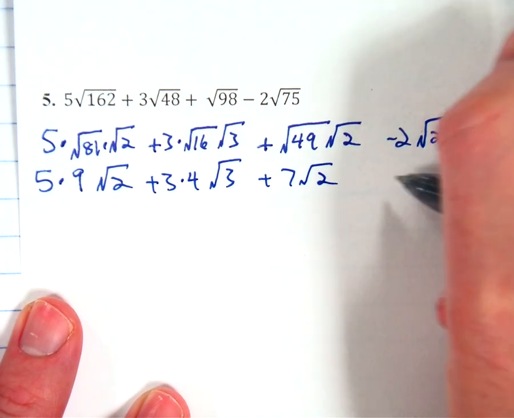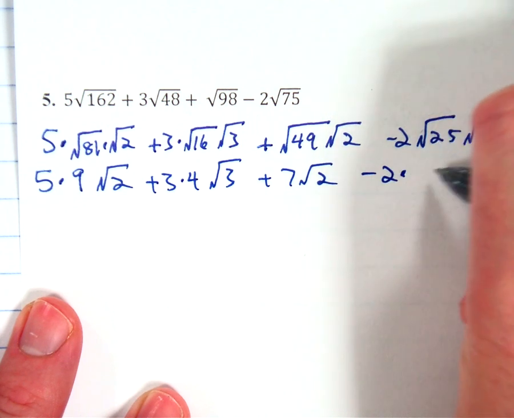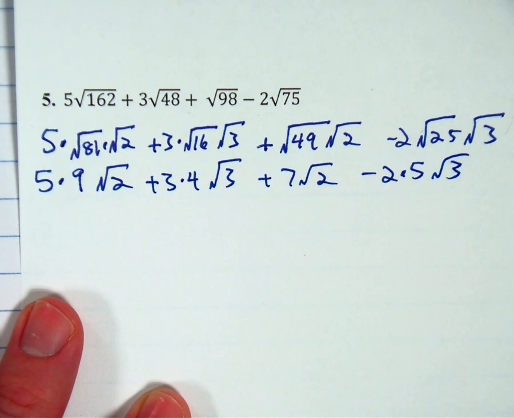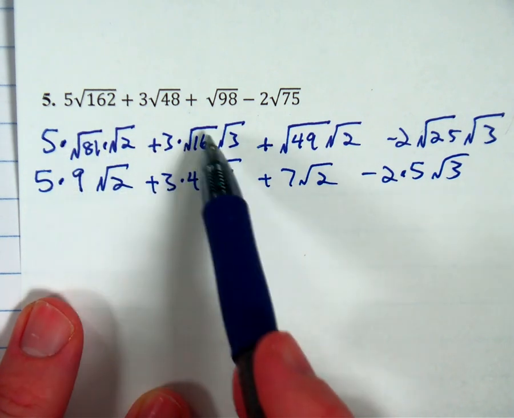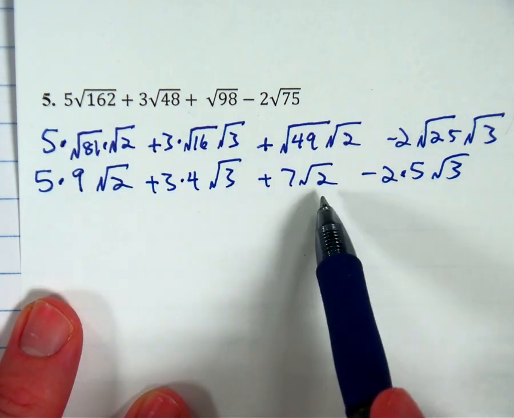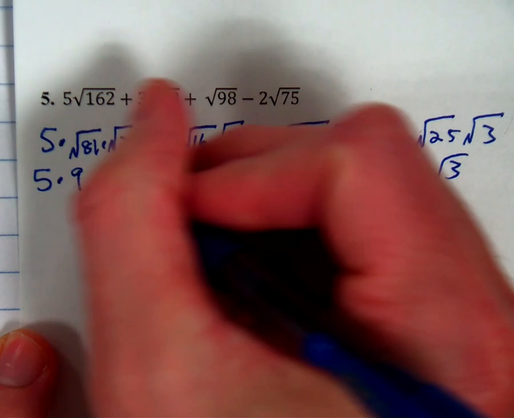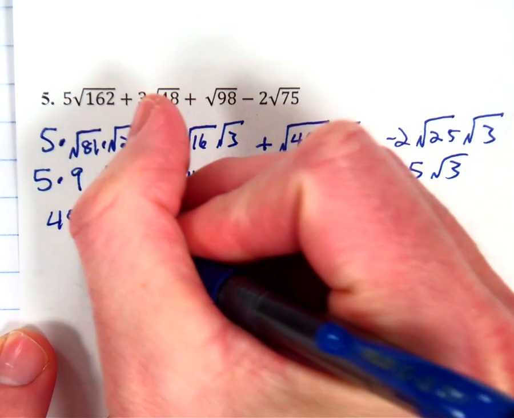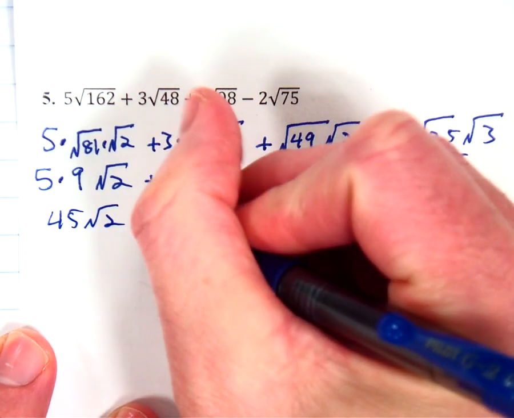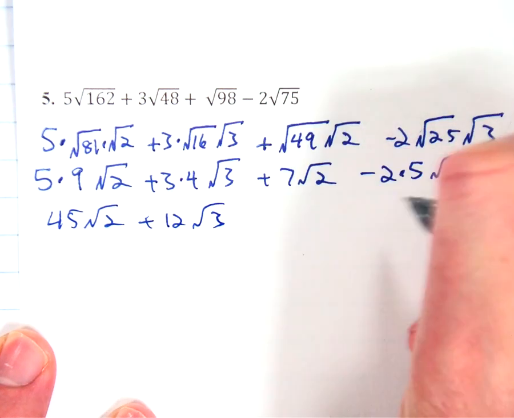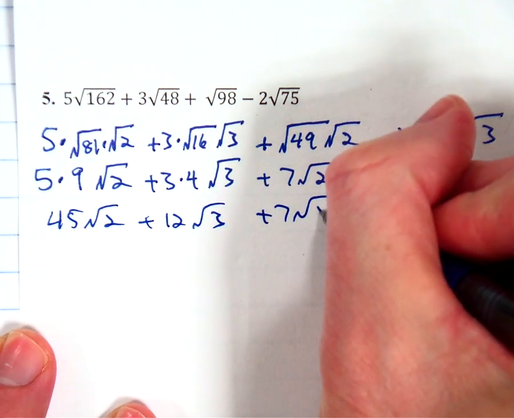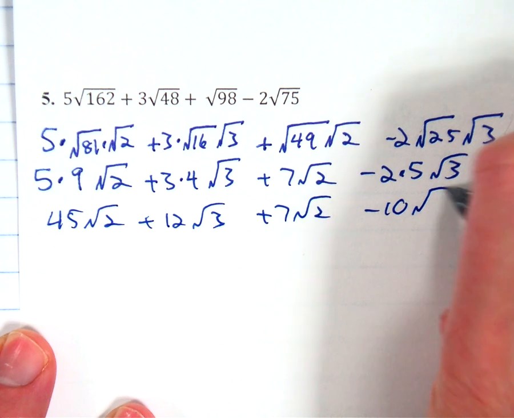Going through and doing all the square roots that we can do. Okay, square root of 81 was 9, 16 was 4, 49 was 7, 25 was 5. Next, we're going to go through and do the multiplying parts. 45 radical 2 plus 12 radical 3, 7 radical 2 minus 10 radical 3.